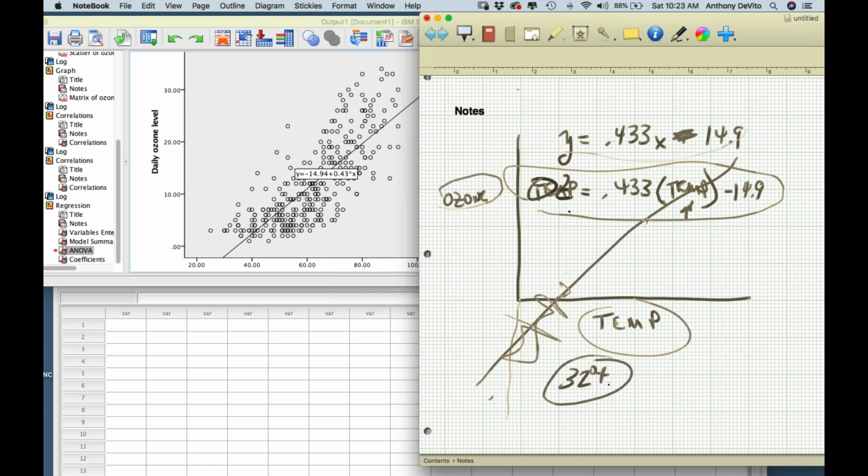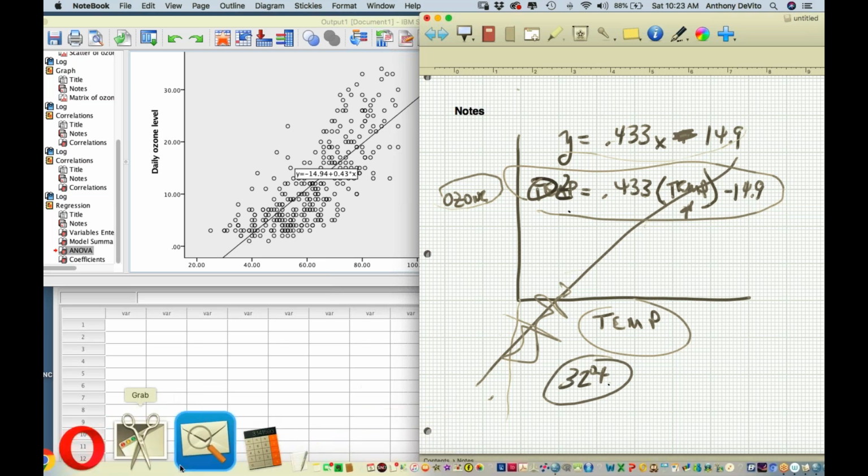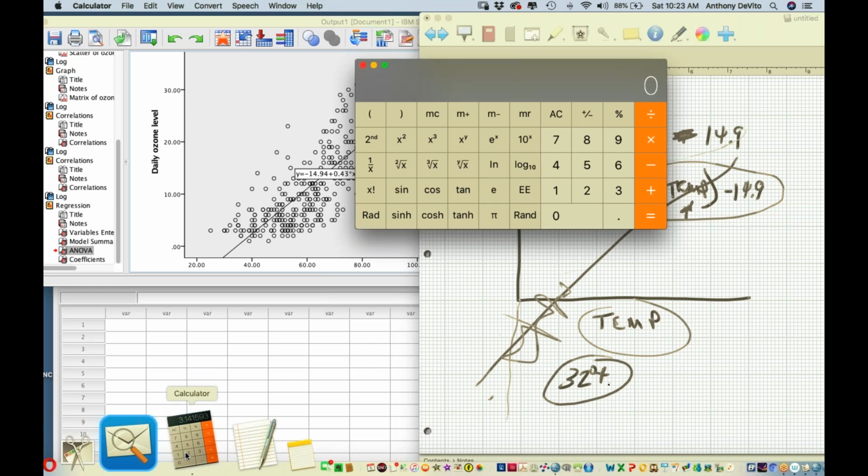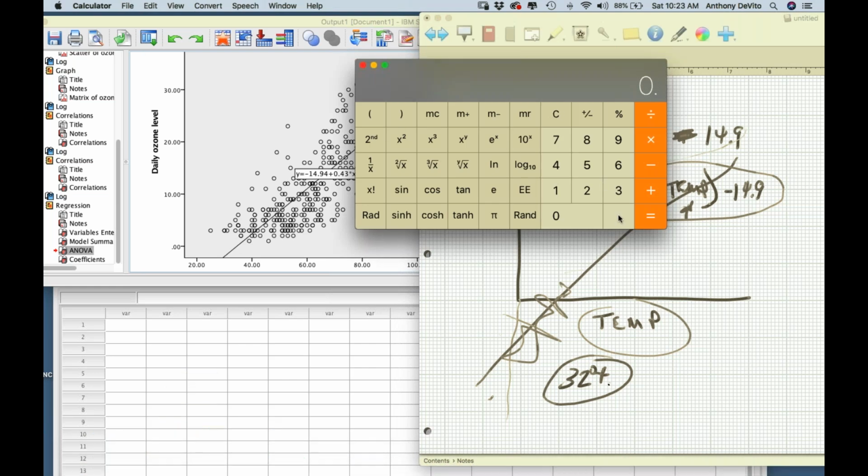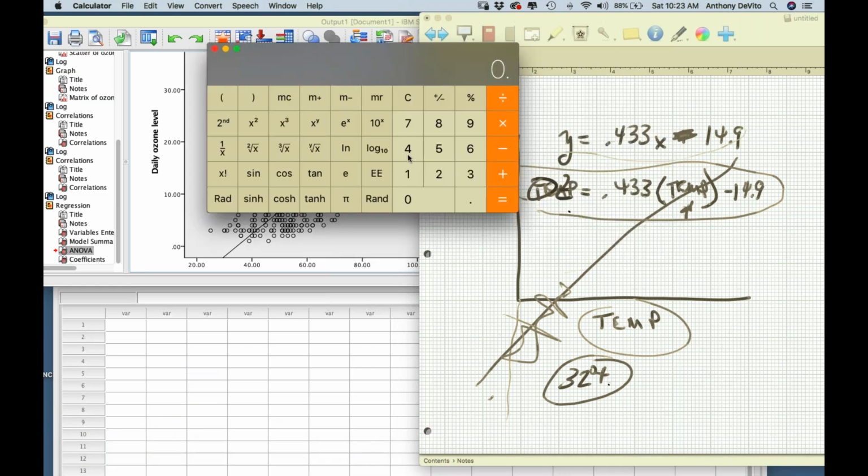Well, we plug it in here. 0.433 times 32 degrees Fahrenheit is equal to 13.8 minus 14.9. We're going to come up with a funky number here. It's going to suggest that there's not much ozone in the air.